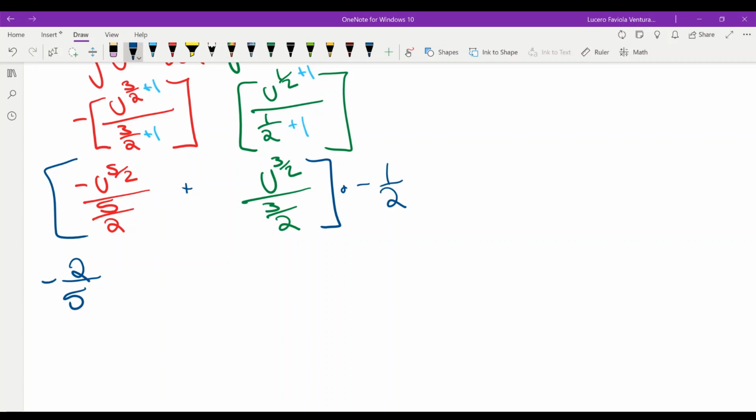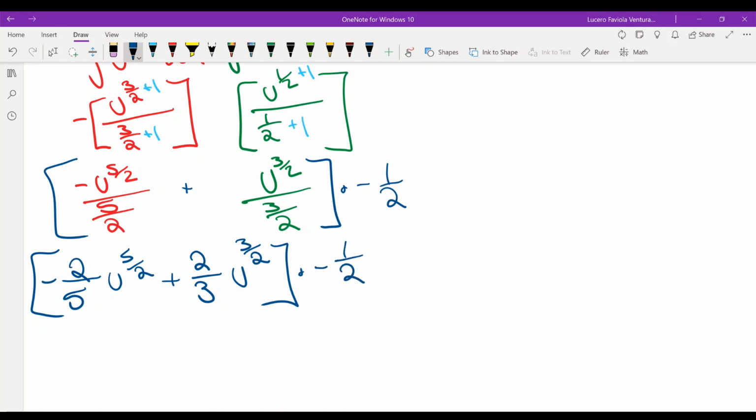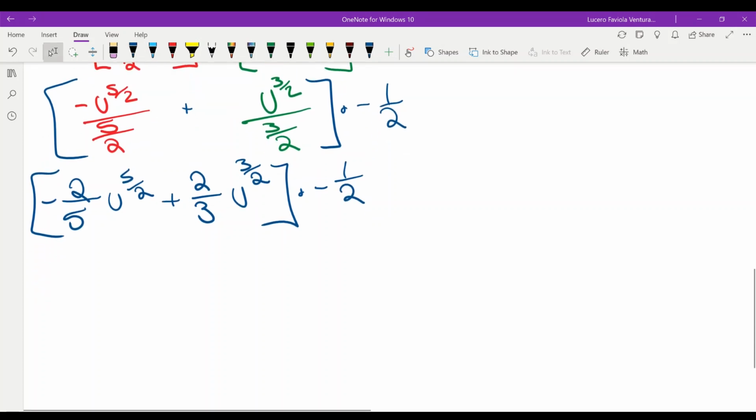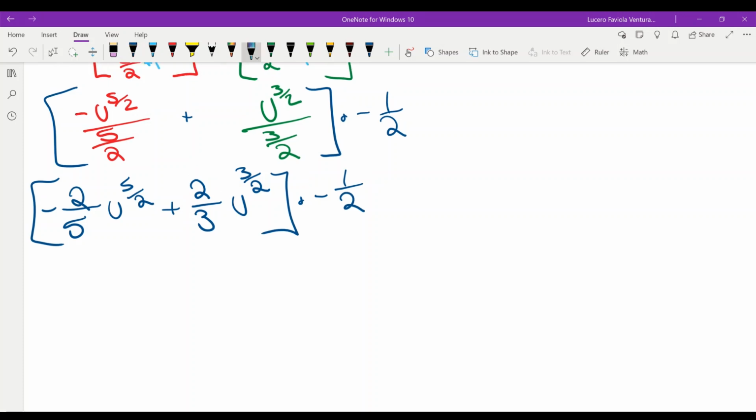So we have negative 2 over 5 u to the 5 over 2 power, plus 2 over 3 u to the 3 over 2 power, times negative 1/2. And now I'll bring our function down here. But first we have to remember that this 1/2 is out here. So what we can do with this is distribute it to both sides of the equation.